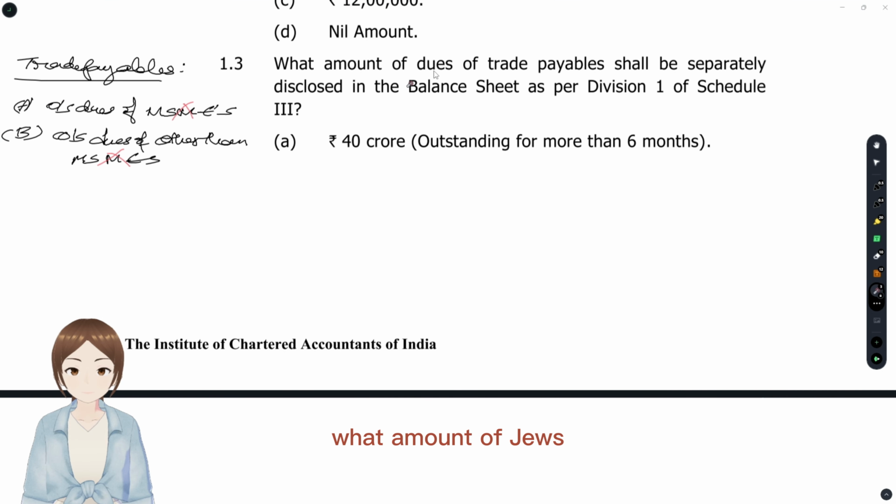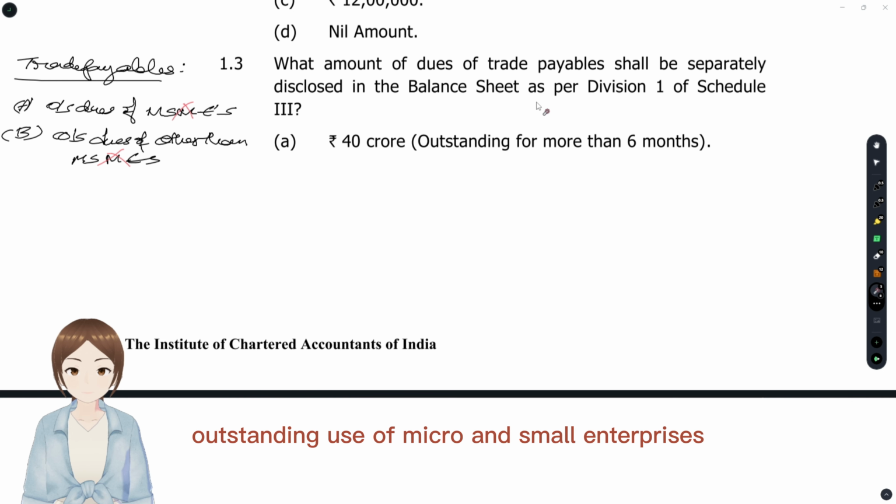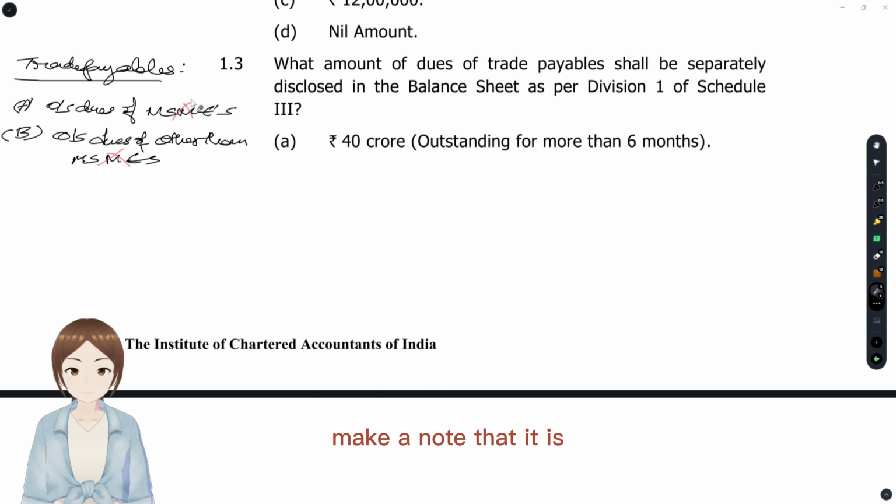What amount of dues of trade payable shall be separately disclosed? How the trade payables have to be disclosed as per Division 1 balance sheet of Schedule 3: trade payables that are outstanding dues of micro and small enterprises. Make a note that this does not include medium enterprises, only micro and small, and outstanding dues of other than micro and small enterprises.